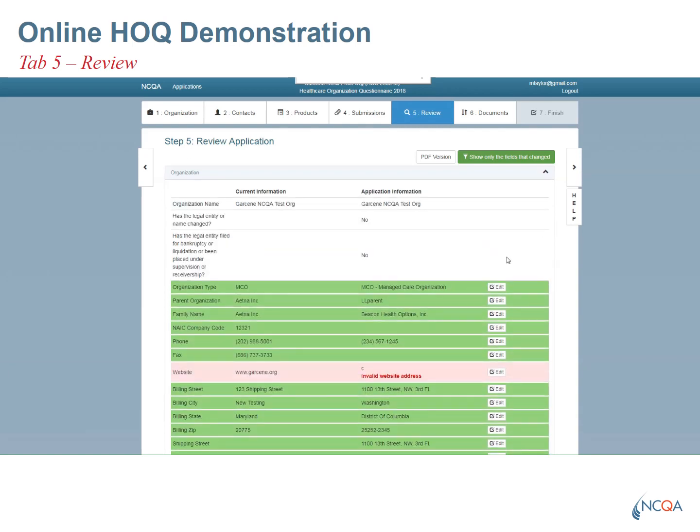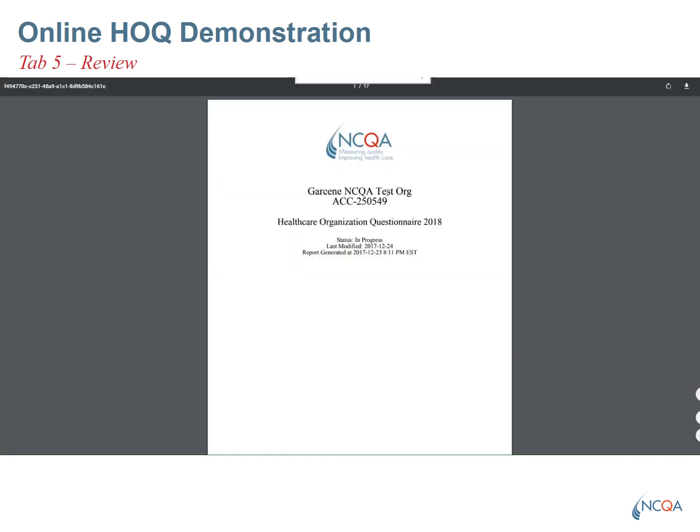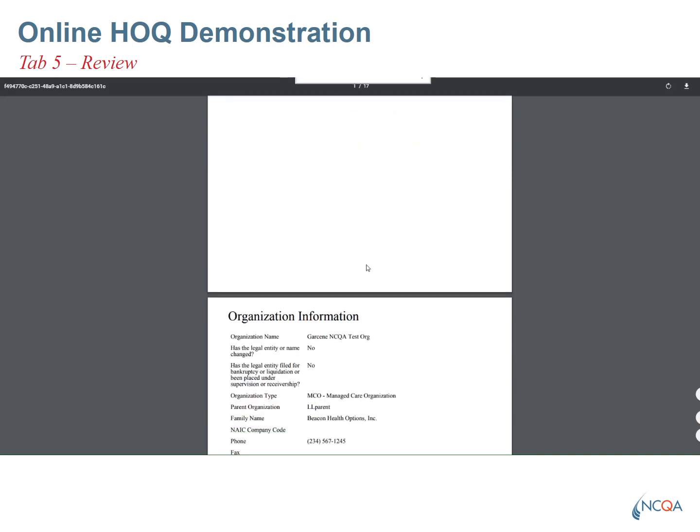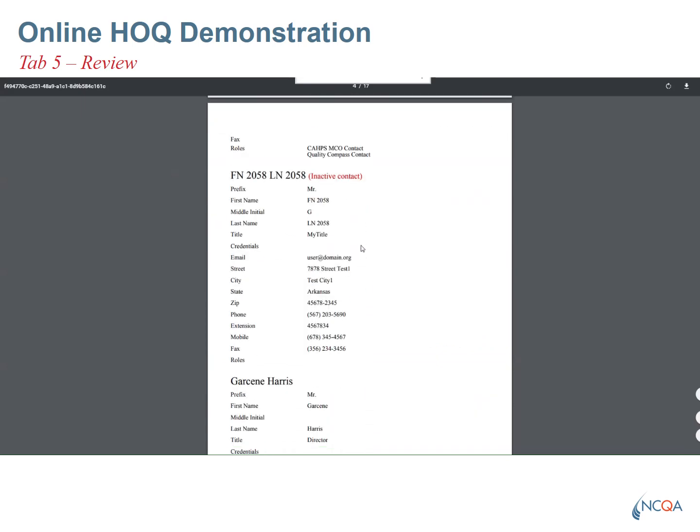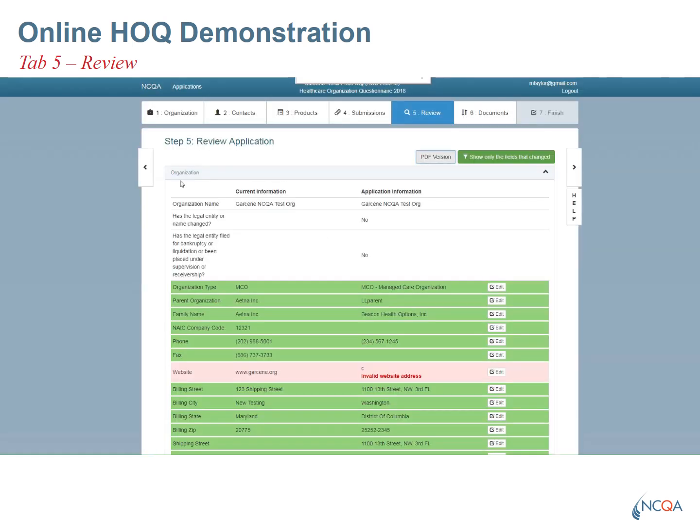If you want a report of everything that's listed on your application information side, you can click on the PDF version, and that's going to open up a new window and bring up a report for you with all the information that's listed in your HOQ, and everything that's in the system as it is in that report. Now, as you make updates, of course, this report will update as you go through.